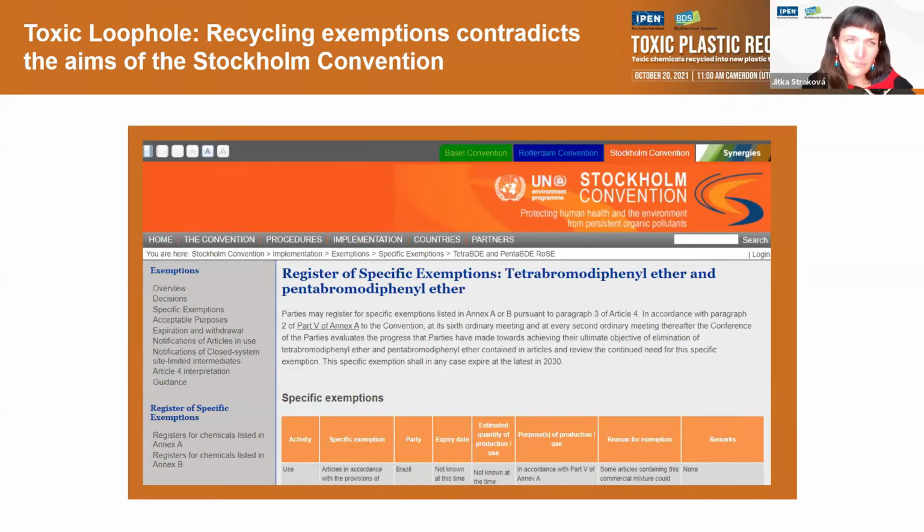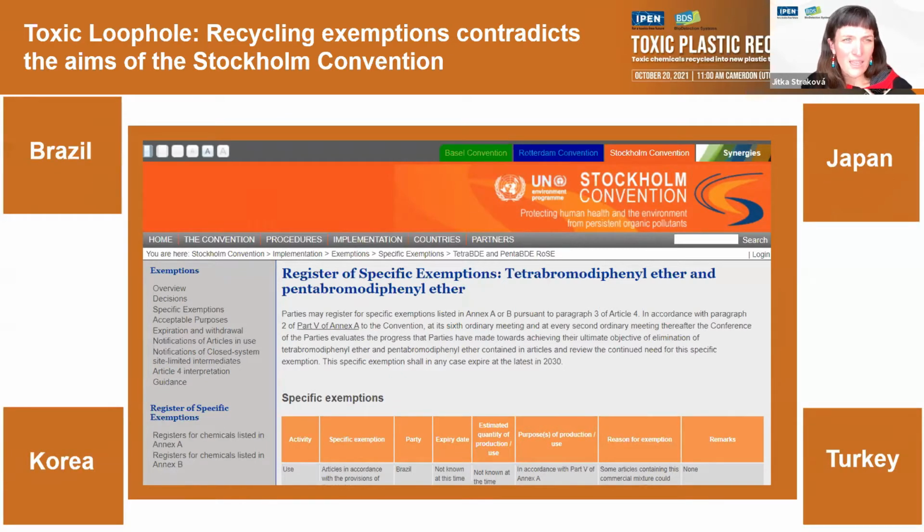Unfortunately, penta and octa bromodiphenyl ethers were granted recycling exemptions. It means that those polybrominated diphenyl ethers are allowed to continue to be recycled into new products.